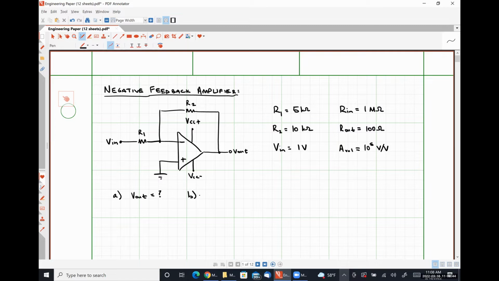Our second quantity of interest is going to be AVCL, which is the closed loop voltage gain. So we're going to see how that differs from our open loop voltage gain. What's the exponent of the gain? 10 to the 5. Our third quantity of interest will be our differential voltage VD.